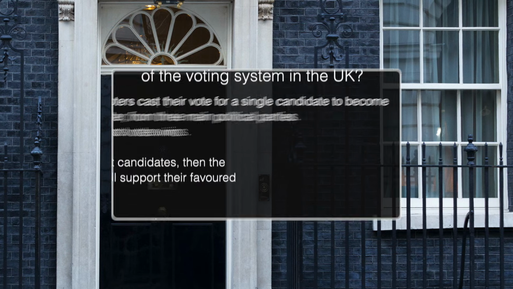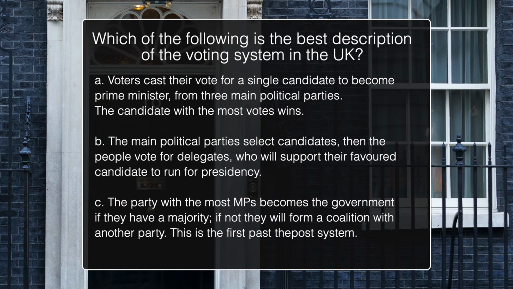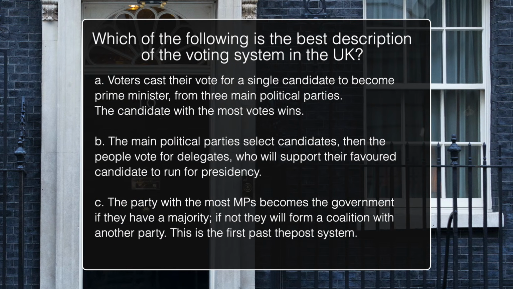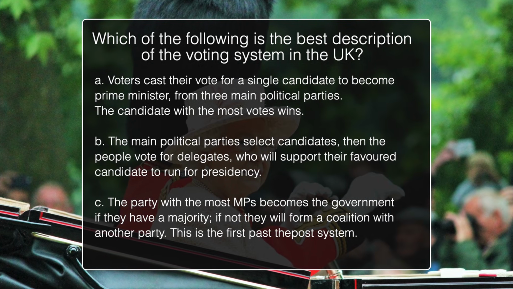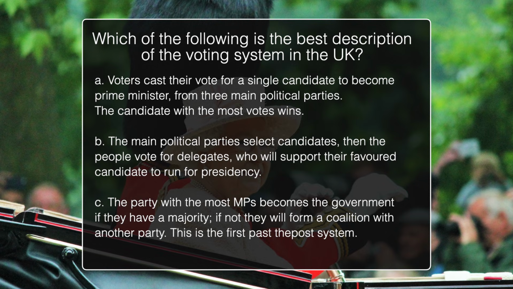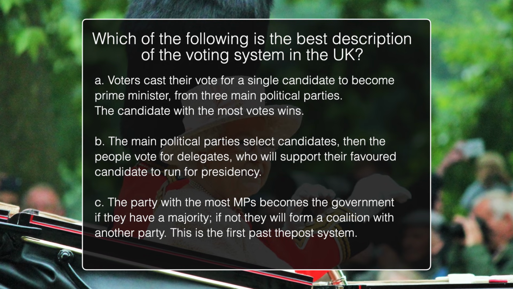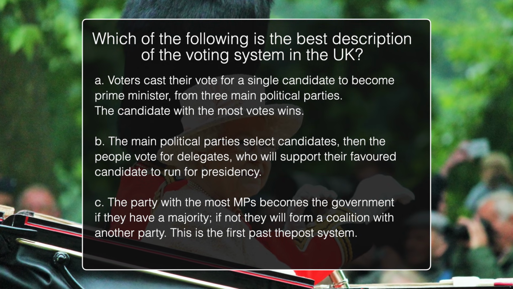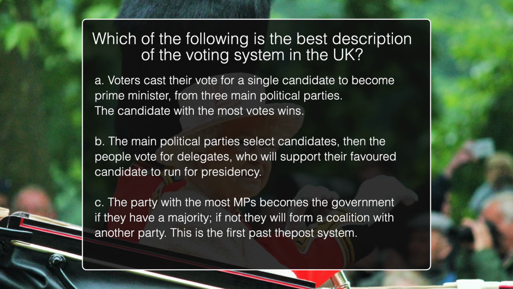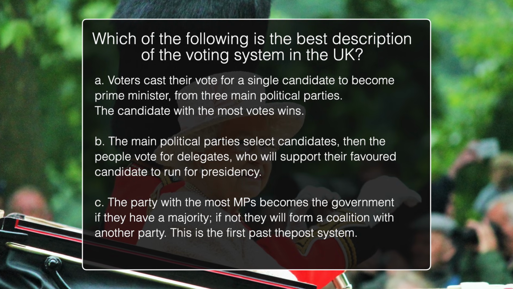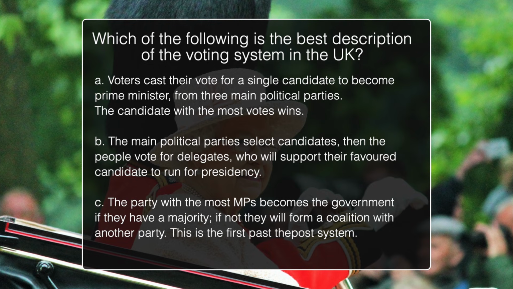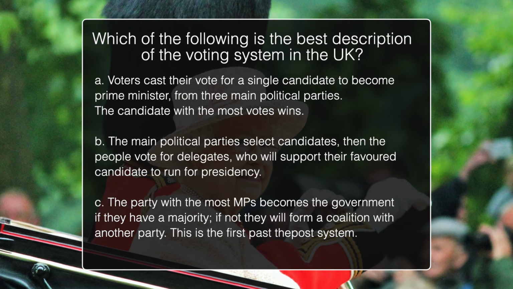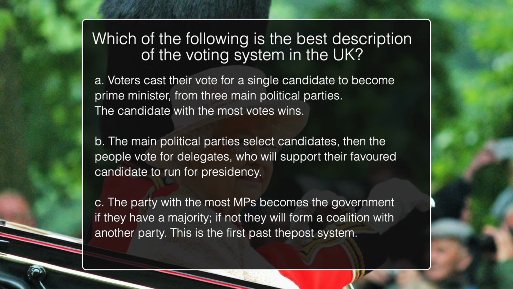Which of the following is the best description of the voting system in the UK? A. Voters cast their vote for a single candidate to become Prime Minister from 3 main political parties. The candidate with the most votes wins. B. The main political parties select candidates, then the people vote for delegates who will support their favoured candidate to run for presidency.